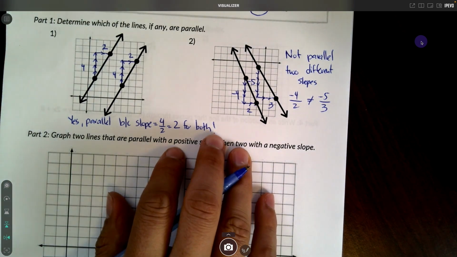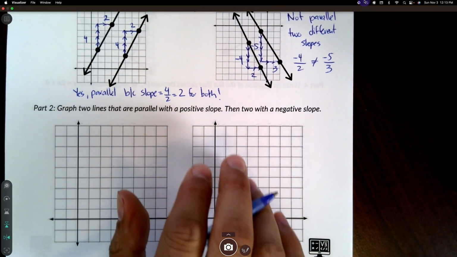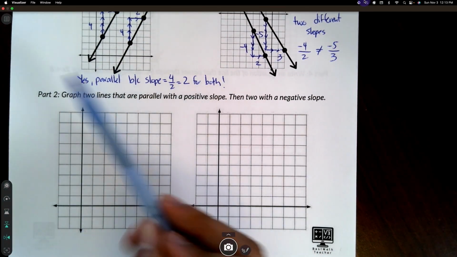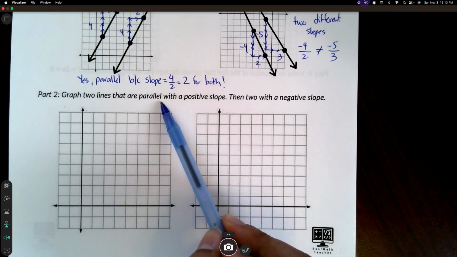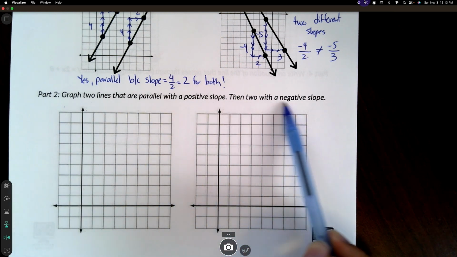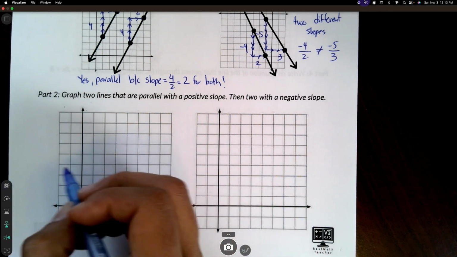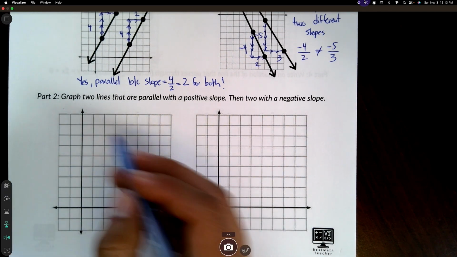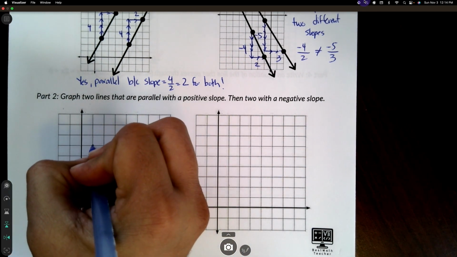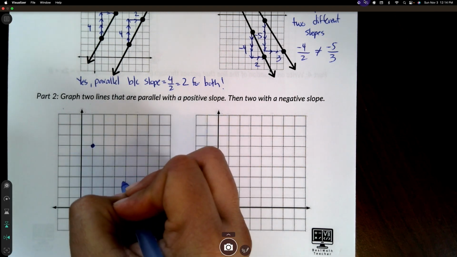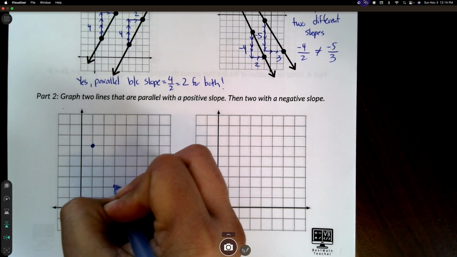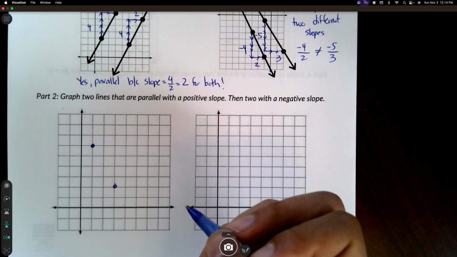In this example, I'm asking you to graph two lines that are parallel with positive slope and then graph two that are with the negative slope. So I'm going to go ahead and draw a line anywhere around here. Let's see, here's one. And let's do this one over here.